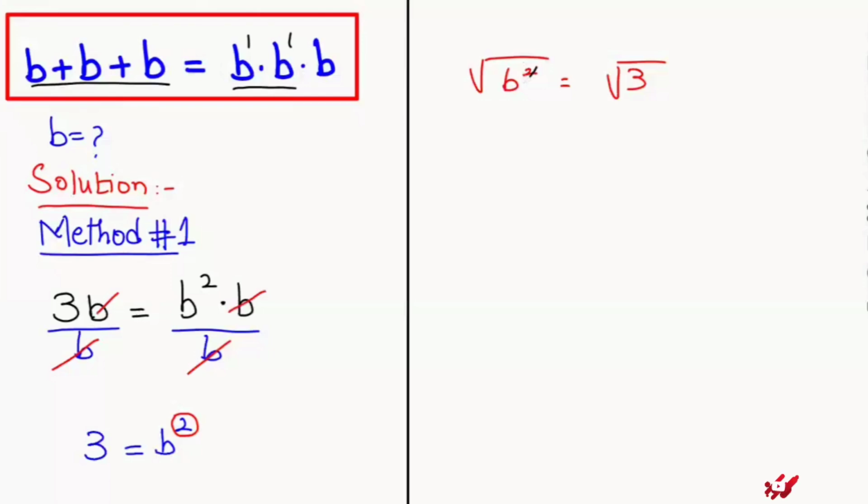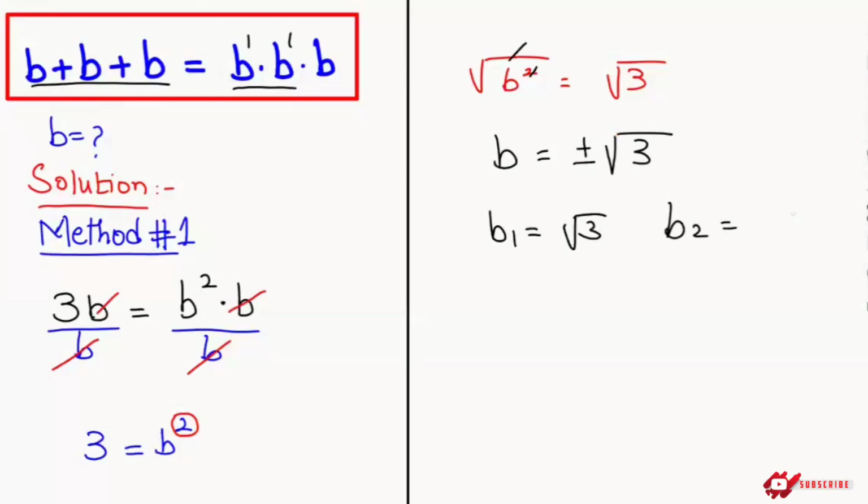Here this and this get cancelled, so b is equal to plus minus root 3. So this is the first method that we can use to find the value of b. So b1 we have here is positive root 3 and b2 is negative root 3. But we have a third value of b that we're going to find by the second method.